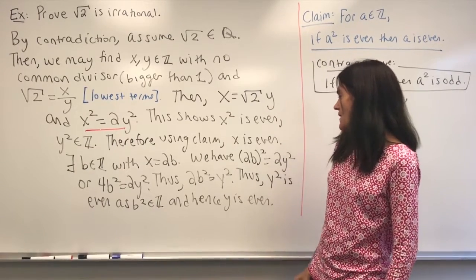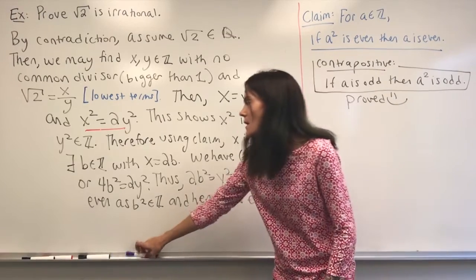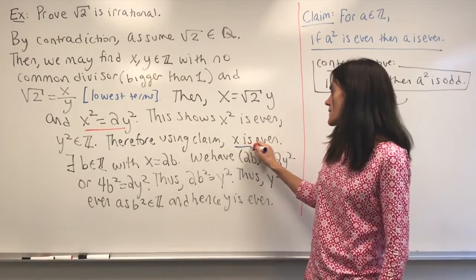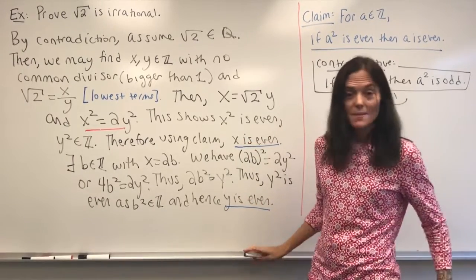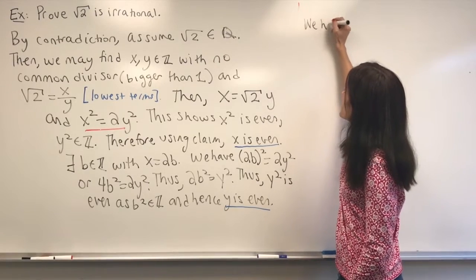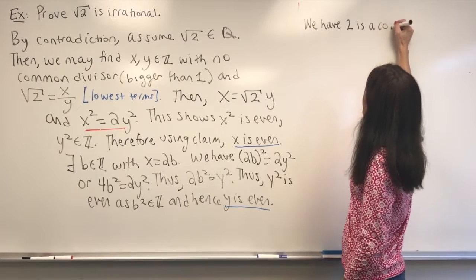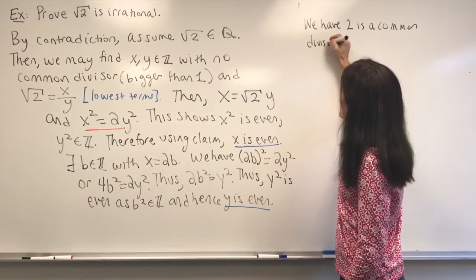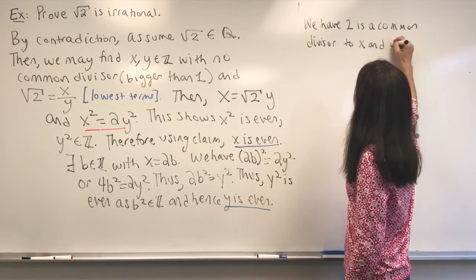So what we have is two numbers, x and y, and let me underline some things we've shown. x is even, y is even. Okay, let me get my eraser. 2 is a common divisor to x and y.